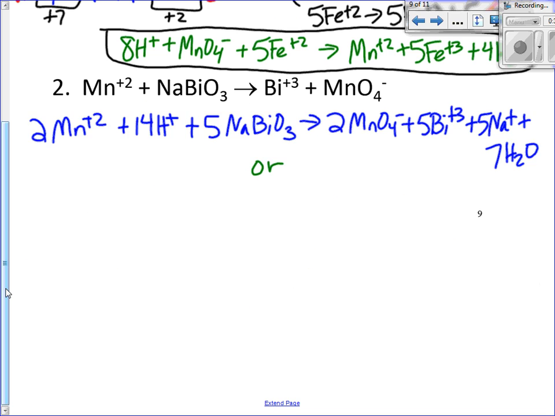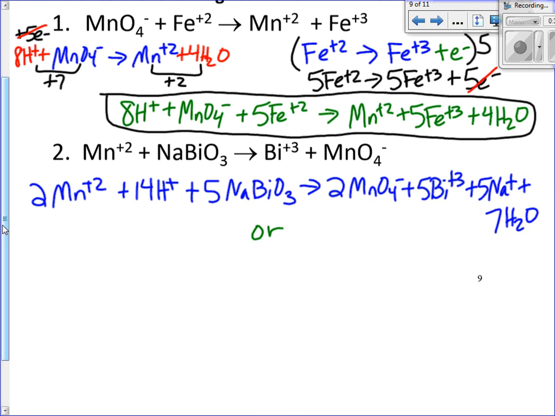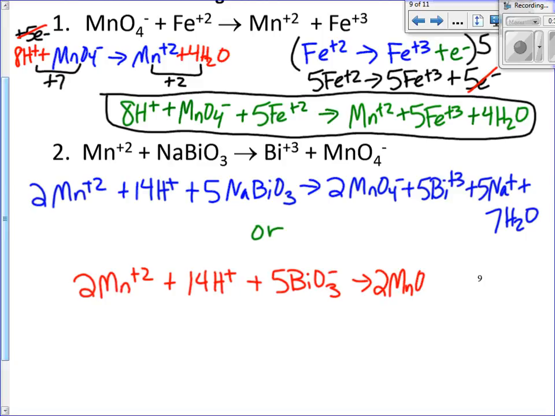Or the other way you could have had it. So technically you could have just canceled this part off and that part off.